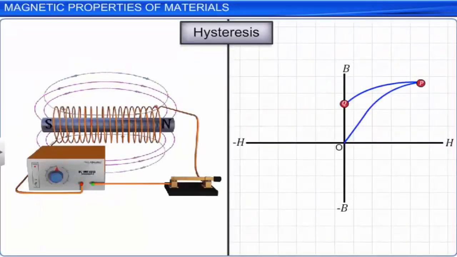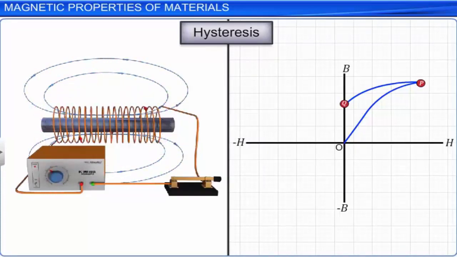Now increase the current through the solenoid in a direction reverse to that of the previous one. Thus, certain domains in the ferromagnetic material are flipped until the net field inside it is nullified. This is represented by the curve QR in the graph.